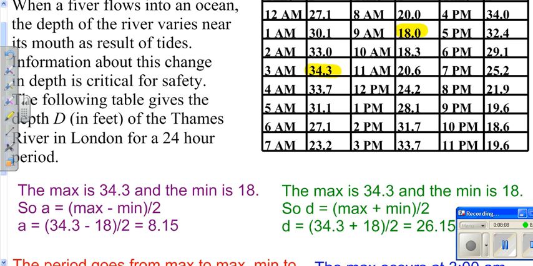Now, we know your period goes from our maximum, which occurs here, to our other maximum, which occurs here. Well, how much time occurs between 3 in the morning and 4 in the afternoon? Well, 3 in the morning to 4 in the afternoon is 13 hours.